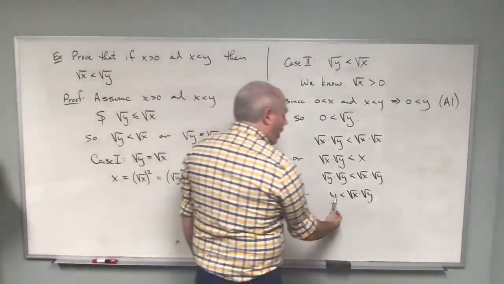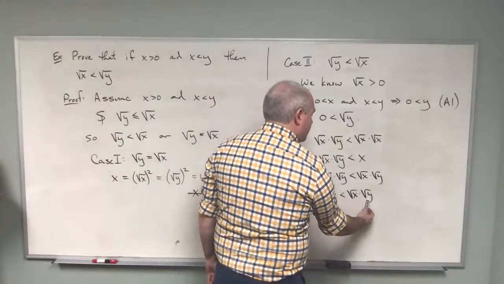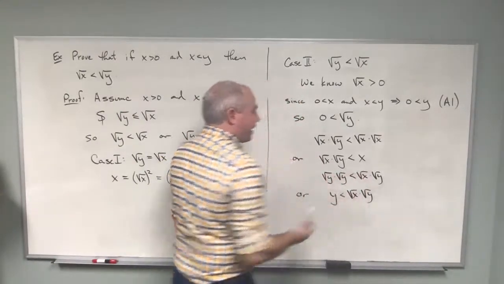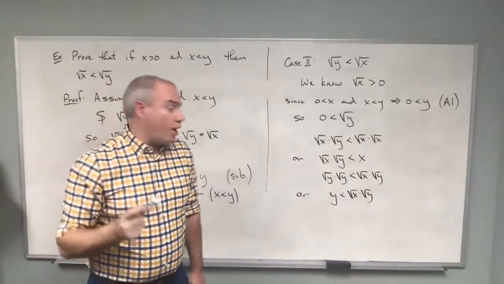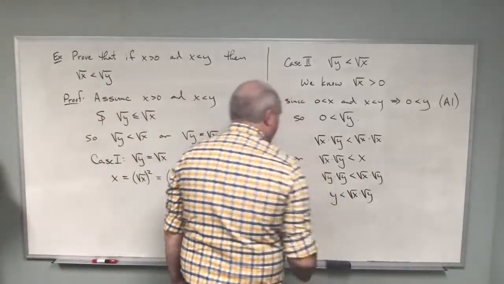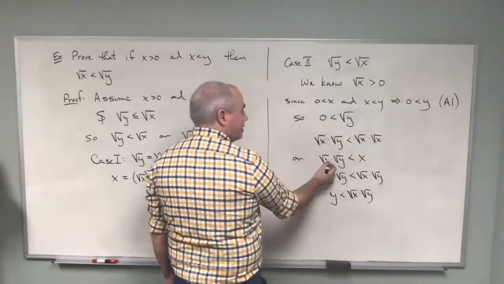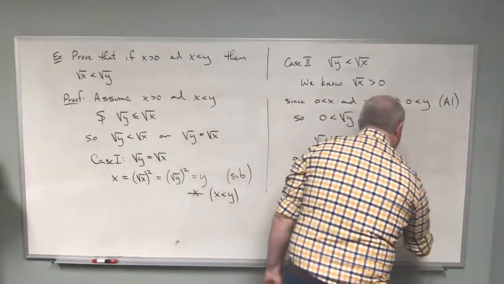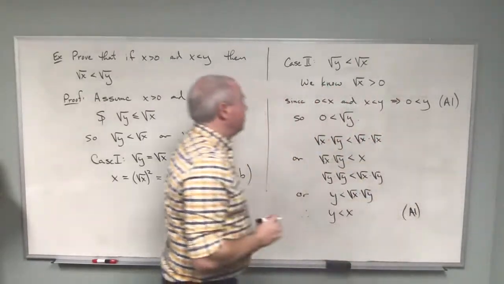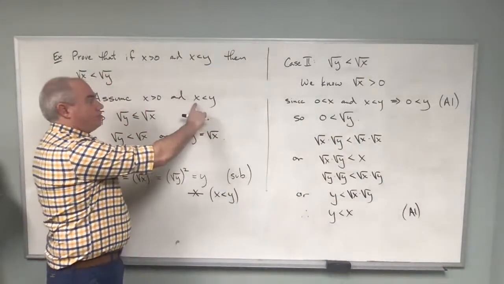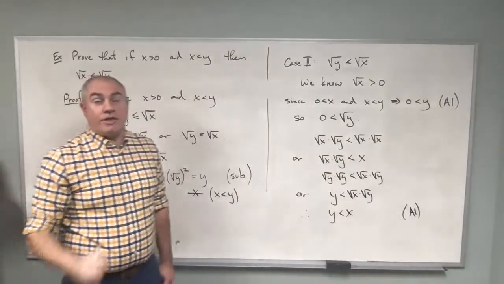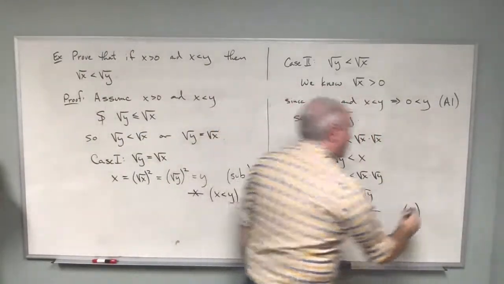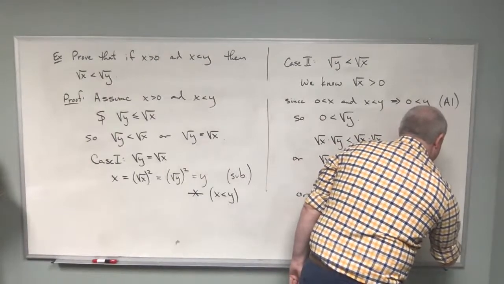I have y is less than the square root of x times the square root of y, and I have that the square root of x times the square root of y is less than x. Combine those using A1, and I get, therefore, y is less than this guy is less than x, so y is less than x by A1. But I know by assumption that x is less than y. So that must be a contradiction. This is a contradiction because I know that x is less than y.